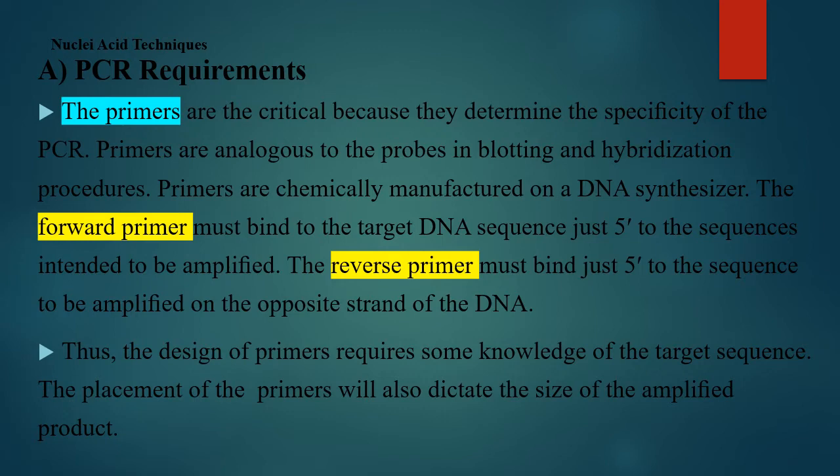So in designing the primer, there's the need to have a knowledge of the target sequence. You can't just produce the primer without knowing the target sequence. So for instance, if you want to find out about a particular bacteria or parasite, there's a particular portion of the parasite that is known, and that is where the primers are going to bind.